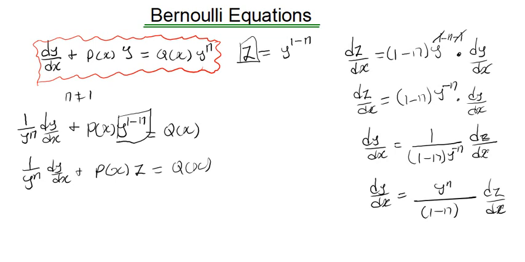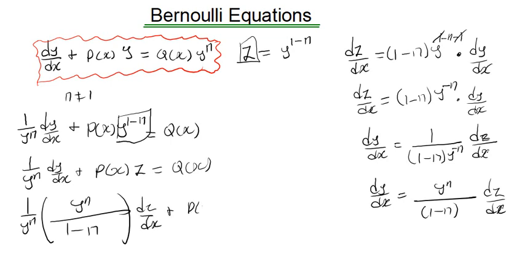So where I have dy/dx here, I'm going to substitute with what we have found for my dy/dx. So it's 1 over y to the power n here, divided by 1 minus n, multiplied by dz/dx plus p of x z equals q of x, like that.